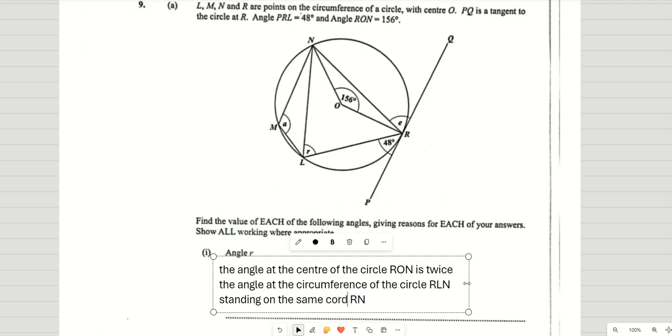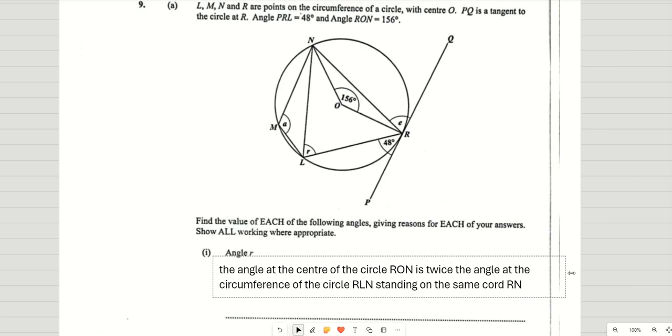Right, so the angle at the center of the circle, RON, is twice the angle at the circumference of the circle, RLN, standing on the same chord. So basically 2 RLN is equal to RON.